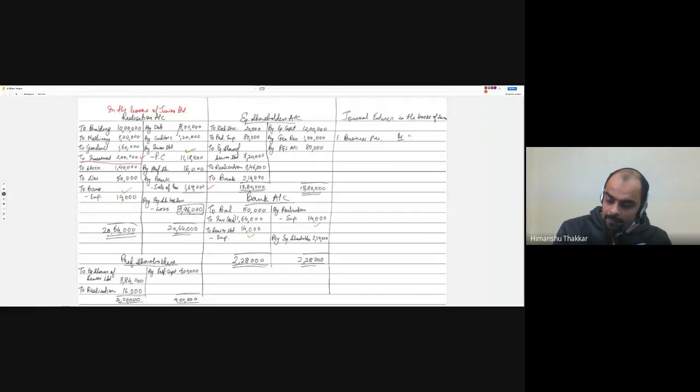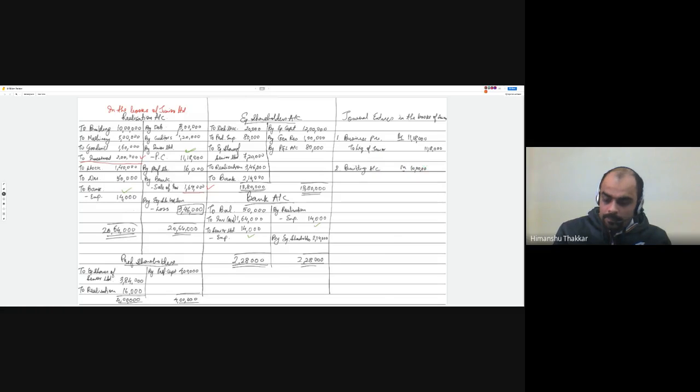You're buying it for 11,18,000 to liquidator of Junior, 11,18,000. Now regarding assets and liabilities, you need to write new amounts. Building account debit 10 lakhs.